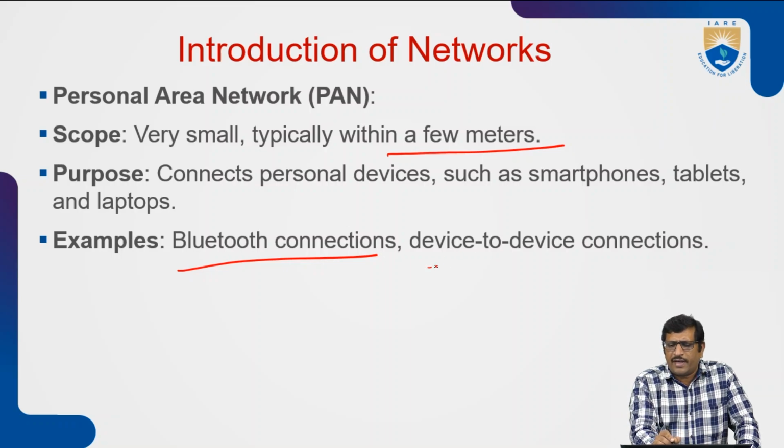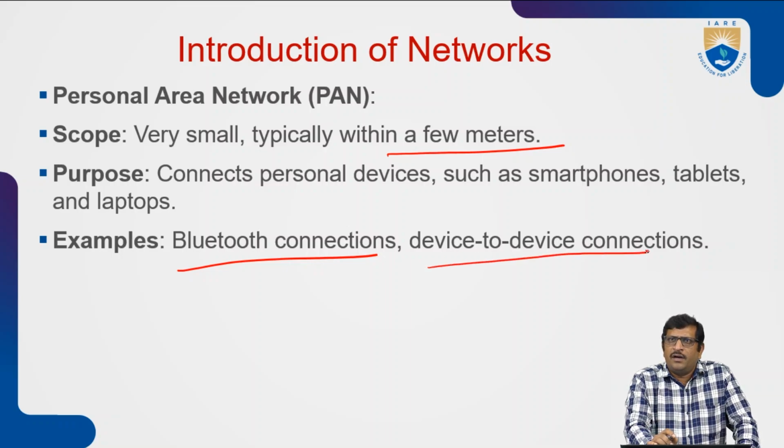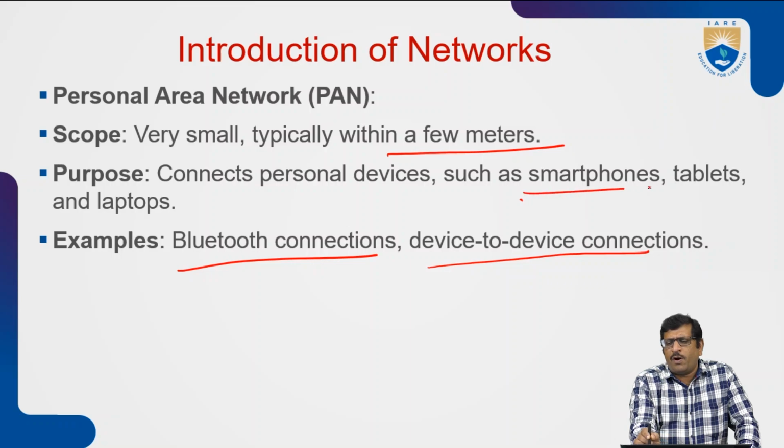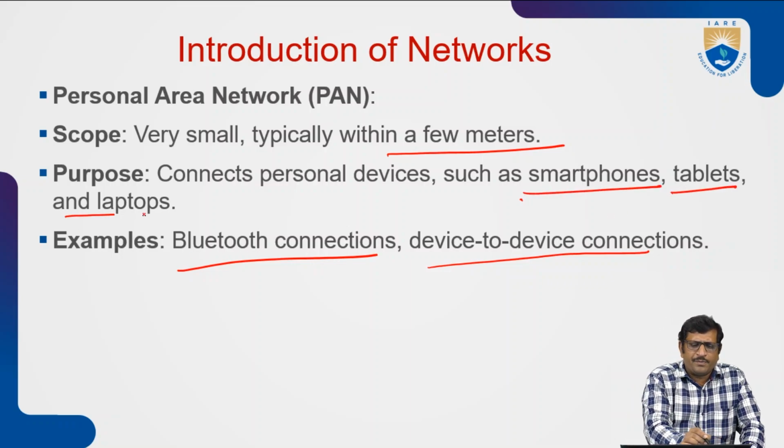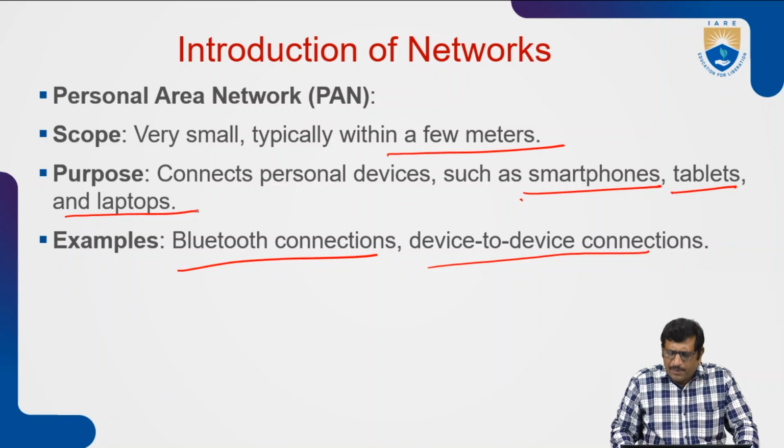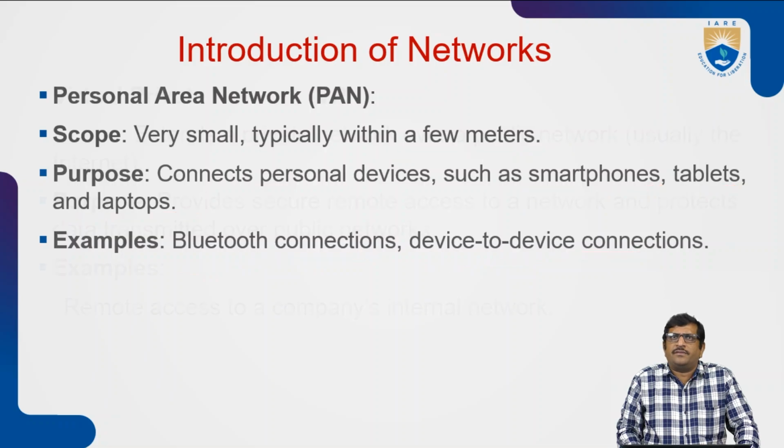Device-to-device connection, one device to another device within a few meters, say 50 or 60 meters, so the connection can be established. With PAN networking we can connect personal devices such as smartphones, tablets, or laptops. For this purpose we use personal area networks.